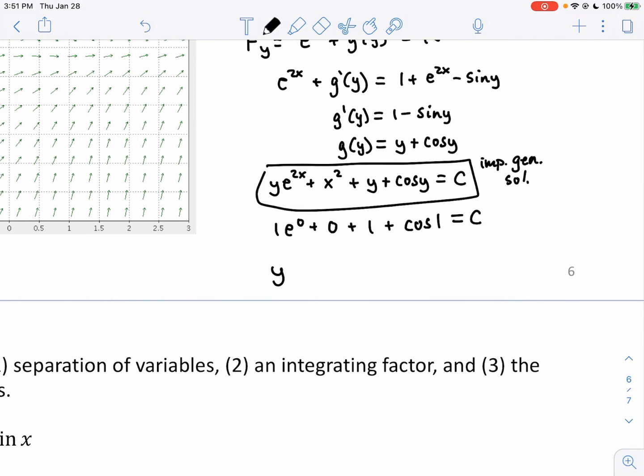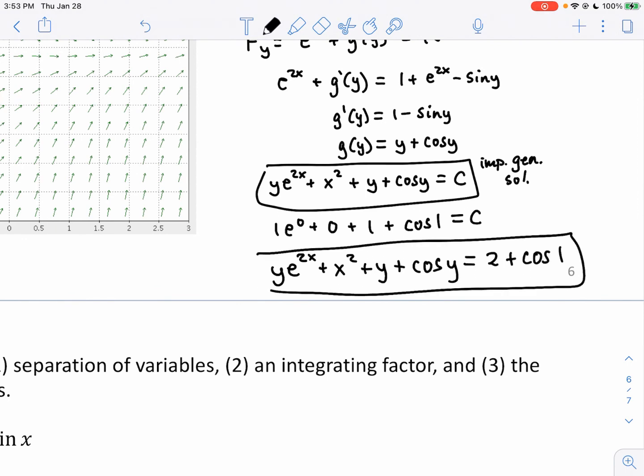So our solution will be y e to the 2x plus x squared plus y plus cosine of y is equal to c, and c is 2 plus cosine of 1. And this is still implicit, because y has not been isolated. It's implicit, but it's now a particular solution, not a general solution.